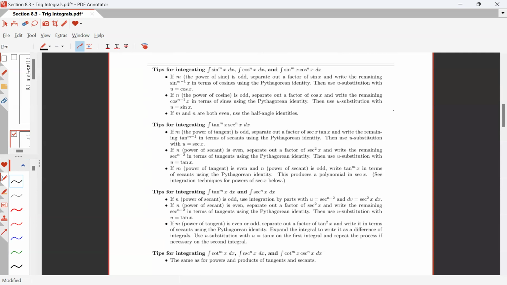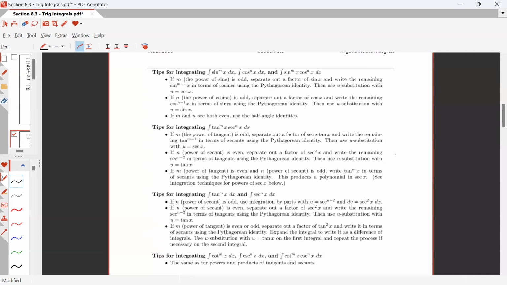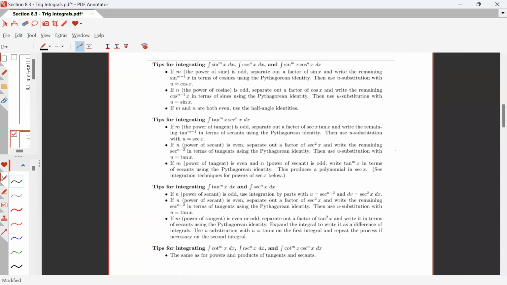I will not read it out, but you can find this document in the 8.3 module and look it over. But in the next few videos, we will actually use these tips and learn how to integrate various trig integrals.